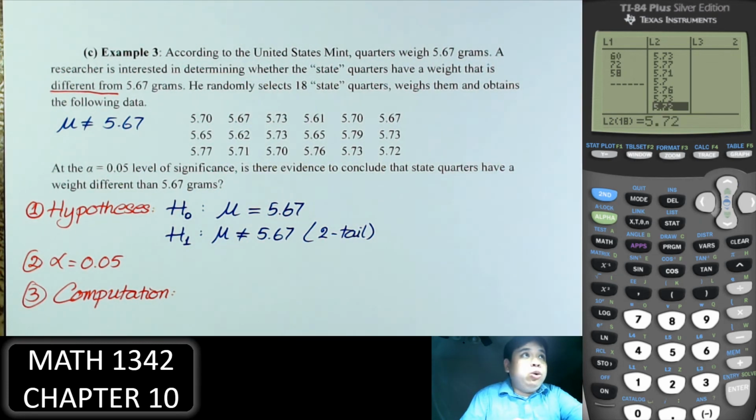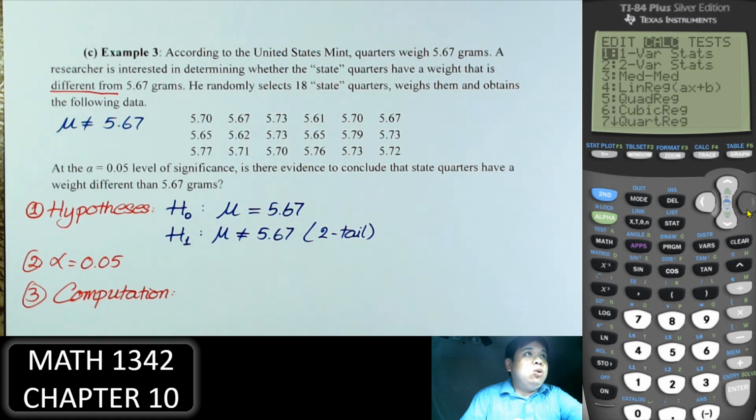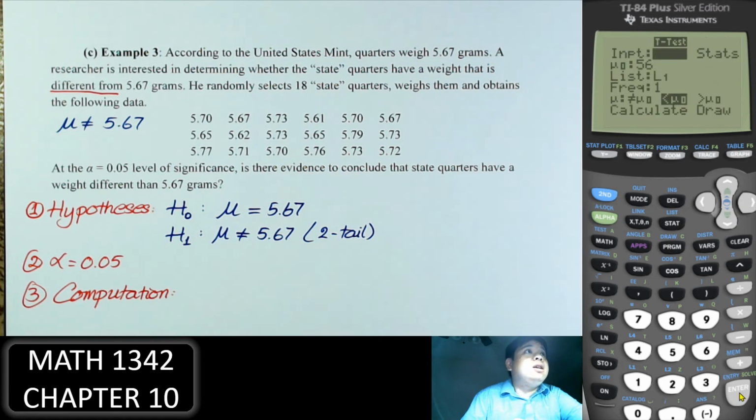Right. So we do the computation. We have the data in the list, and we hit stat and go to test and the t-test, and the data is from list 2, and the mean is different than 5.67.